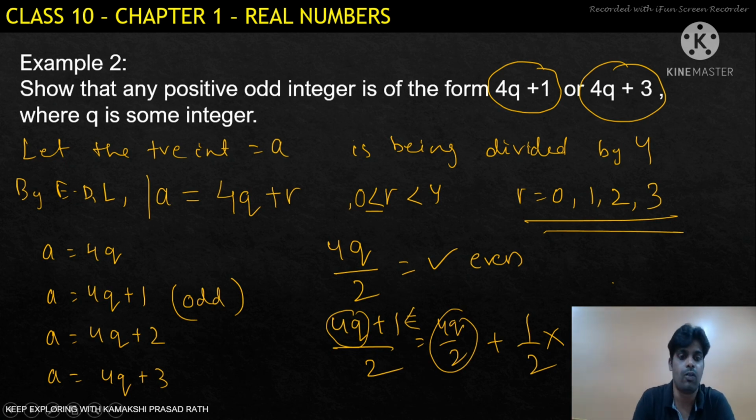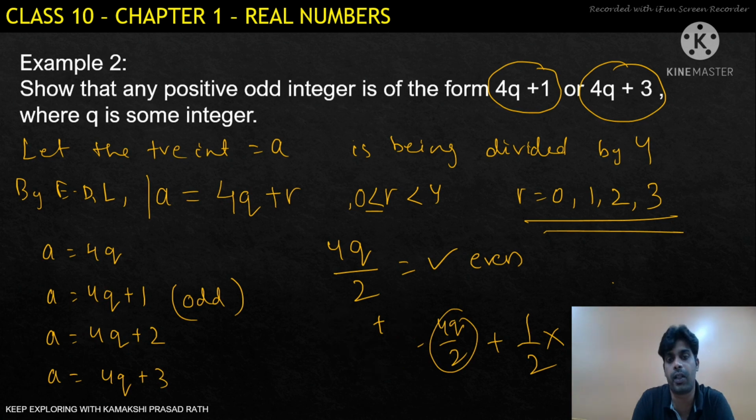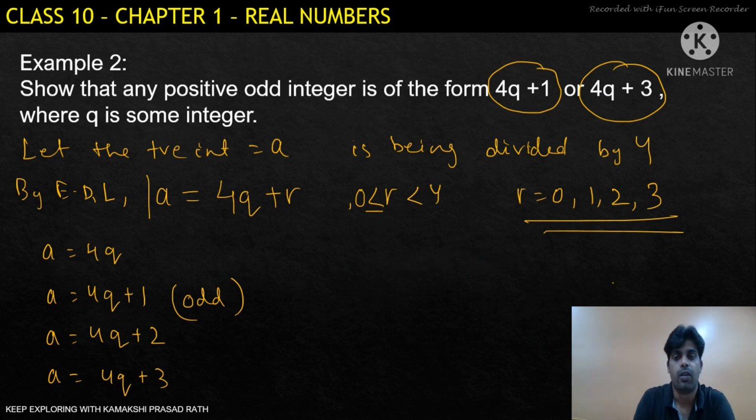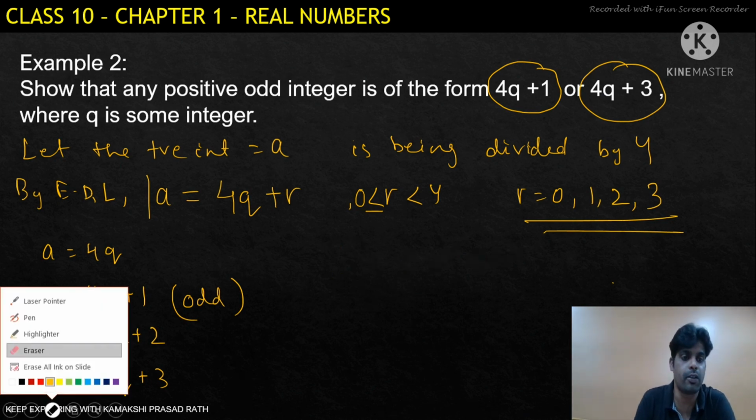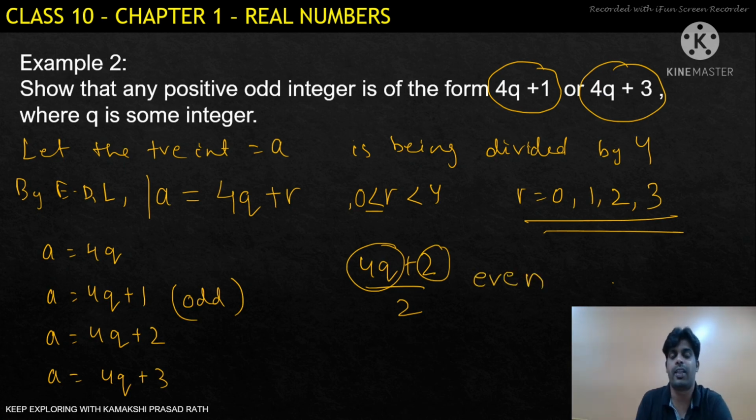The same for the next one, 4q plus 2. 4q plus 2 will be divisible by 2, because 4q is an even integer and 2 is also even. So 4q and 2 are both divisible by 2, and we get an even.